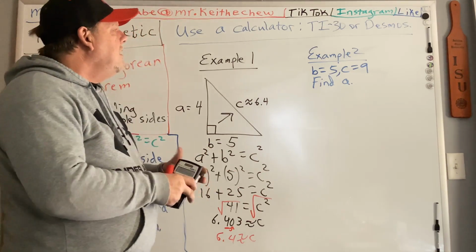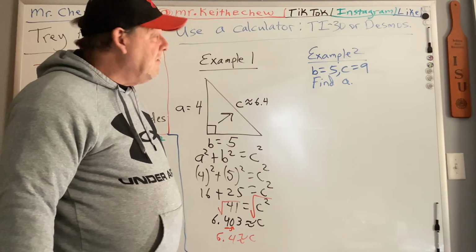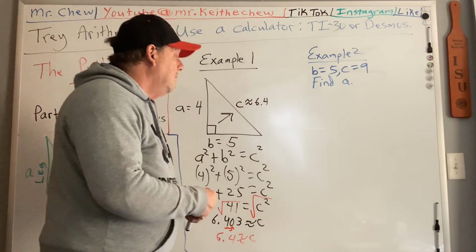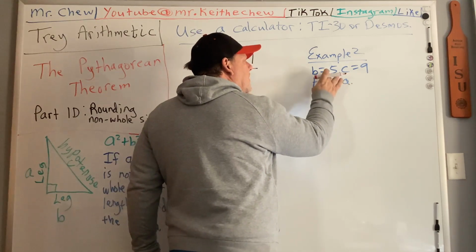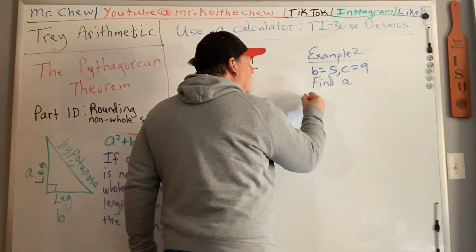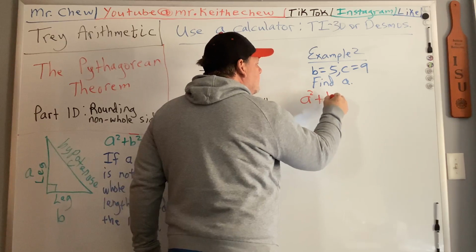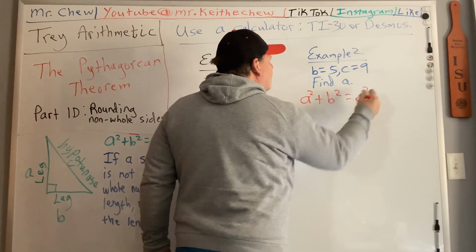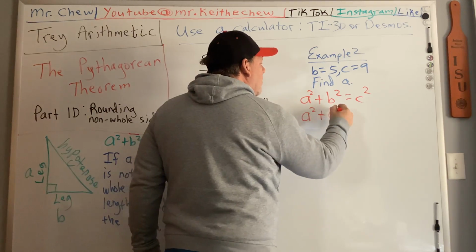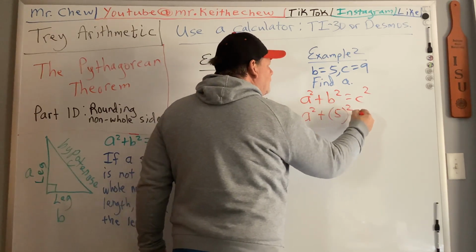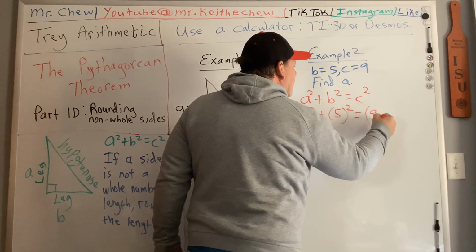All right, in example 2, I don't have the triangle's picture. It tells me to find A if I'm given B and C. So I write down the equation and substitute the values in. I don't know what A is, but I do know that B is 5, and I know C is 9.